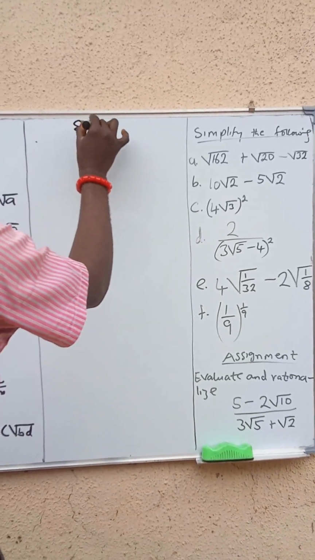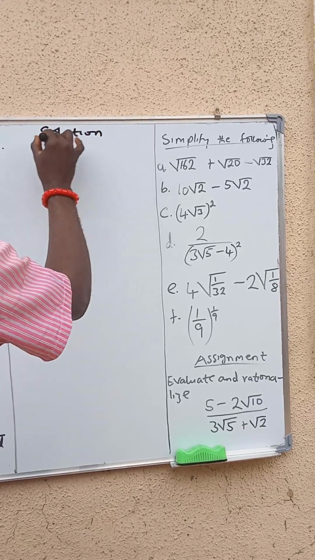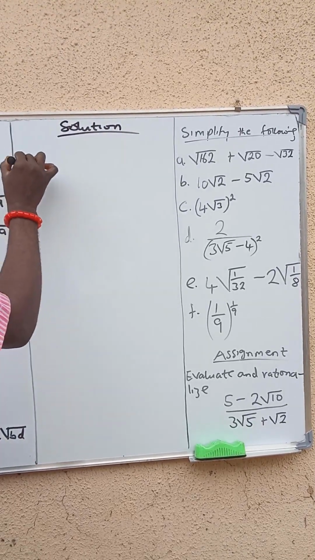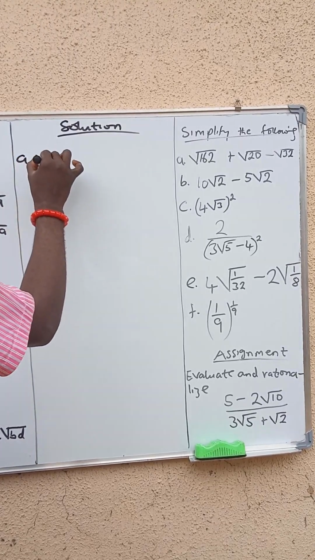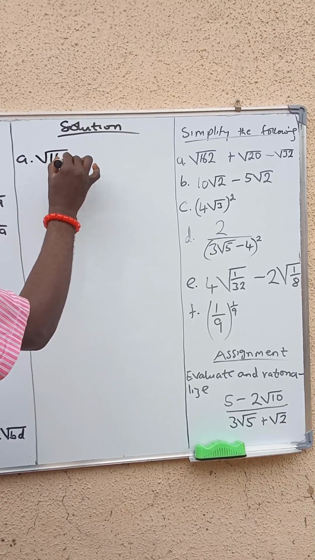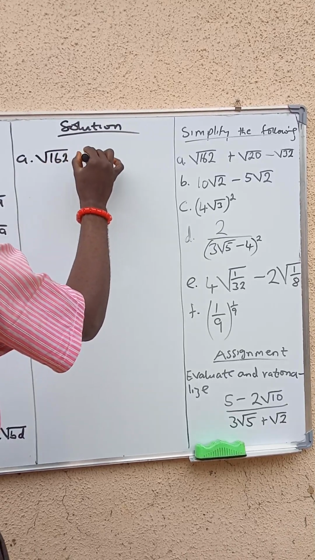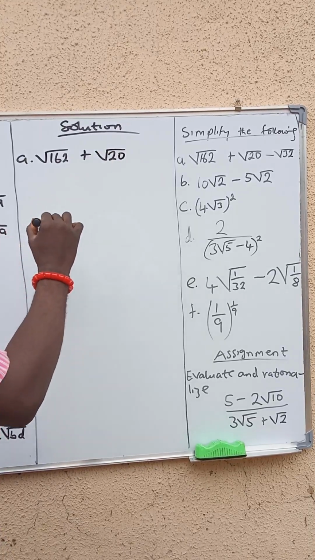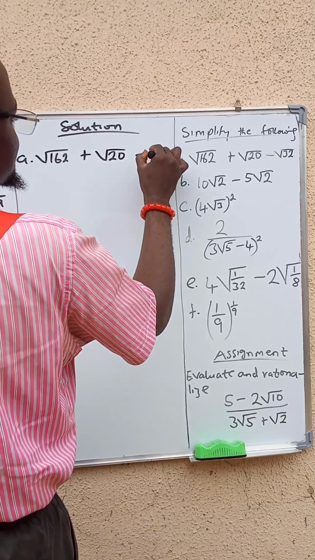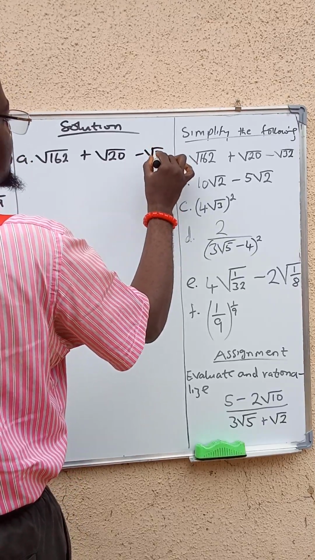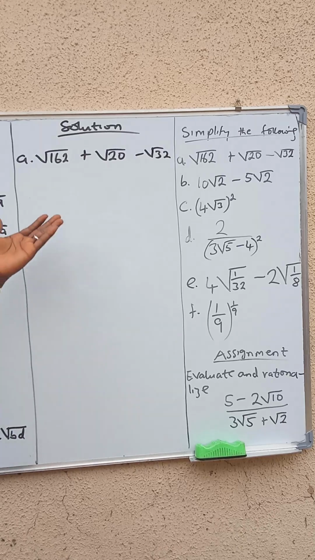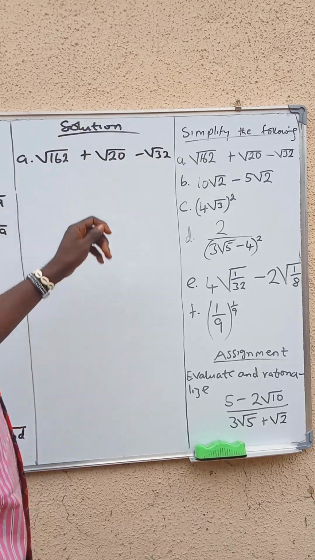The first thing to do is to write what? Solution. Good. Now we have root 162 plus root 20 minus root 32. So what do we do?